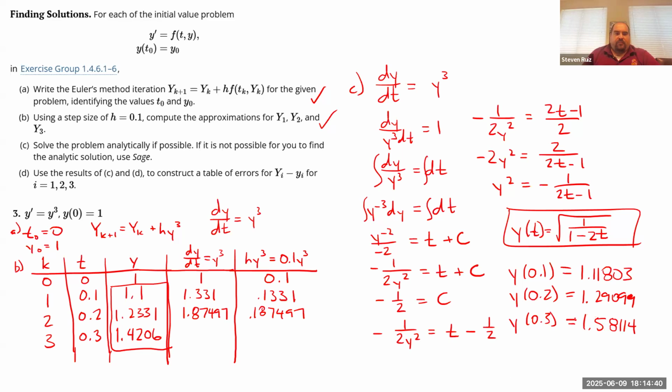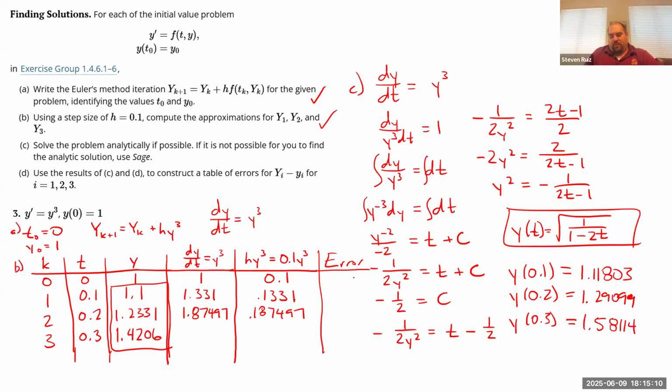Right. So what are my errors there? Basically, capital Yi, those are my approximations. Lowercase yi, those are my exact solutions that come from my analytic solution.